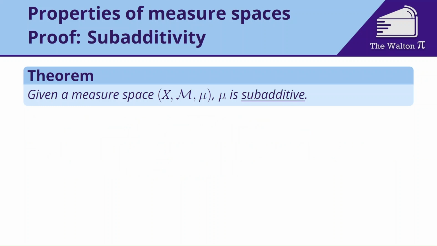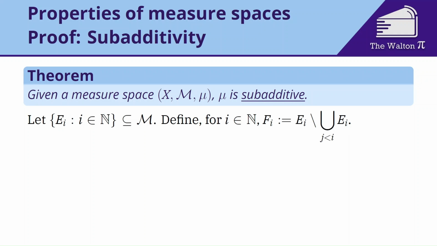To see that mu is subadditive, let E_i be a collection of sets from our sigma algebra M. Then we can define F_i to be E_i minus the union of all the E_j that came before it.